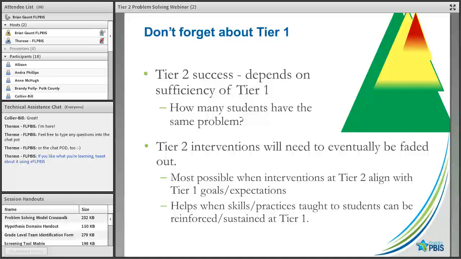I think this satisfies our contractual obligation to show you a triangle. Having done that, I think for many of you, you already know about the importance of Tier 1. But it deserves mentioning here that when we think about giving students interventions, whether we're talking Tier 2 or Tier 3, we have to remember the end game that we're trying to get to.